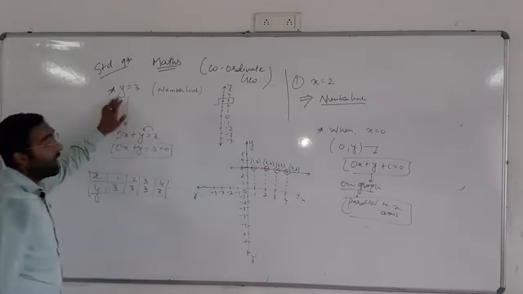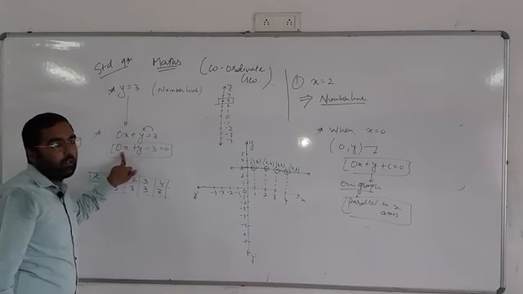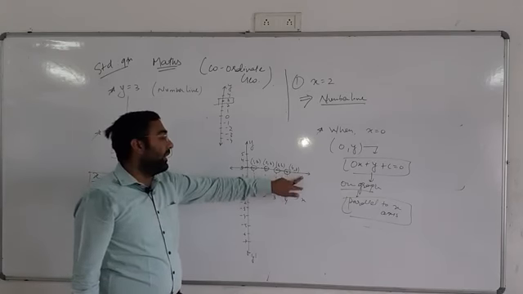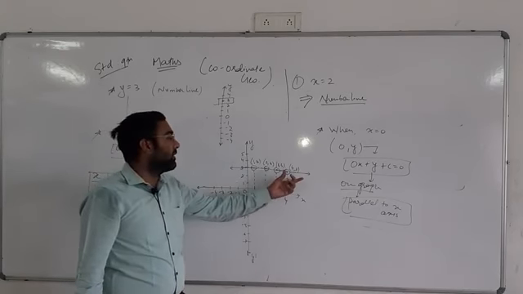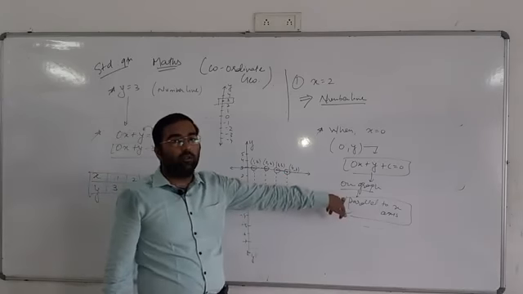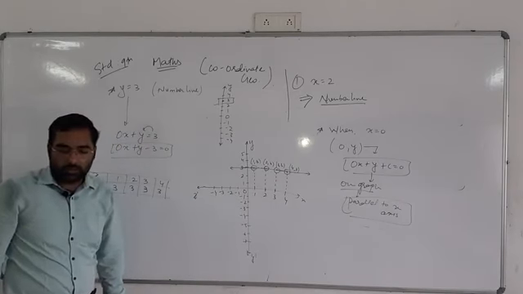When I take the value of y, and when I take x equal to 0, the graph on the Cartesian plane is a straight line parallel to the x axis, that I already told you. Okay. Clear, students?